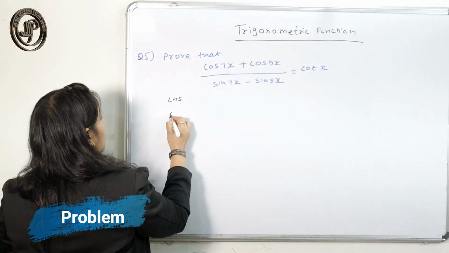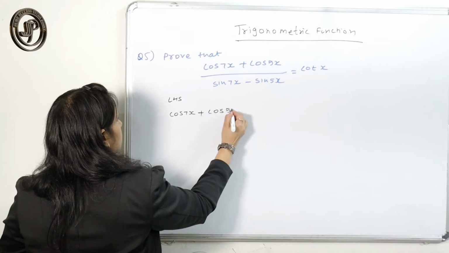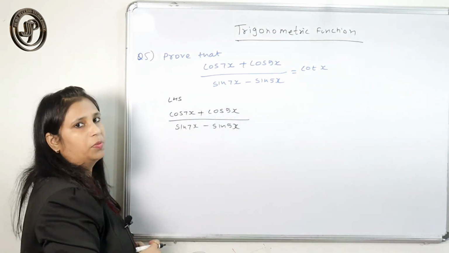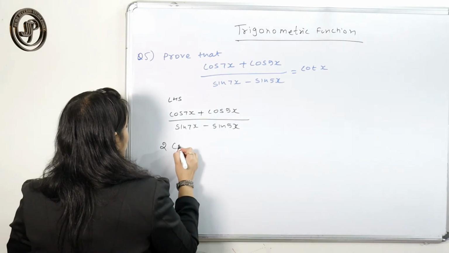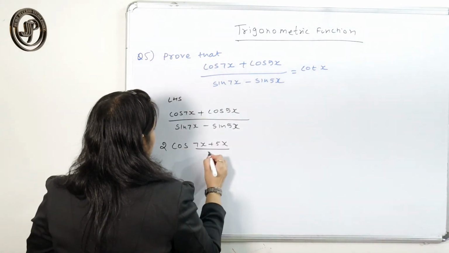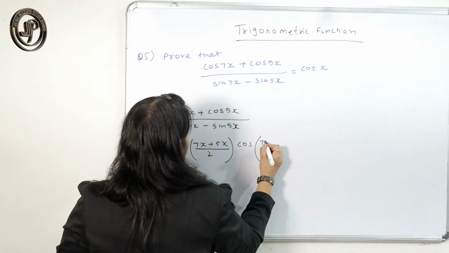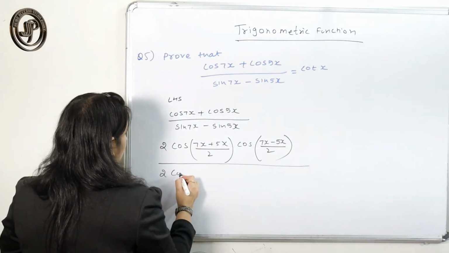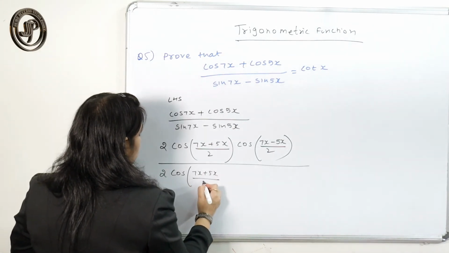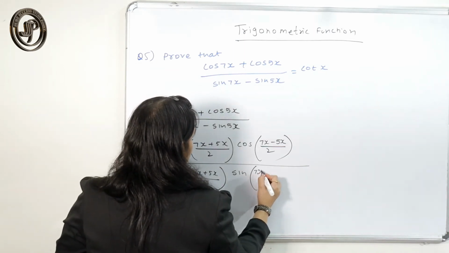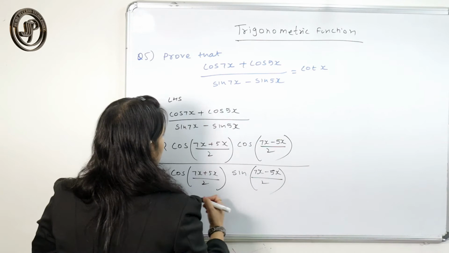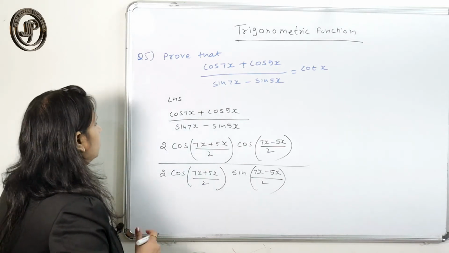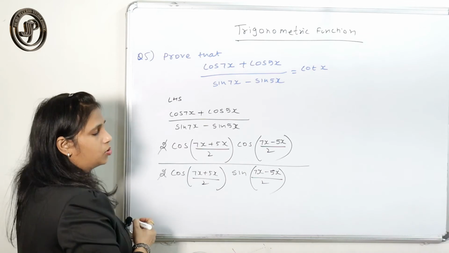So here is a question. I am just first taking the left hand side. What can you write this? cos A + cos B you can write as 2 cos((A + B)/2) cos((A − B)/2), and sin A − sin B is 2 cos((A + B)/2) sin((A − B)/2). I applied the formulas for cos A + cos B and sin A − sin B. Now if you simplify, this 2 and this 2 can be cancelled out.